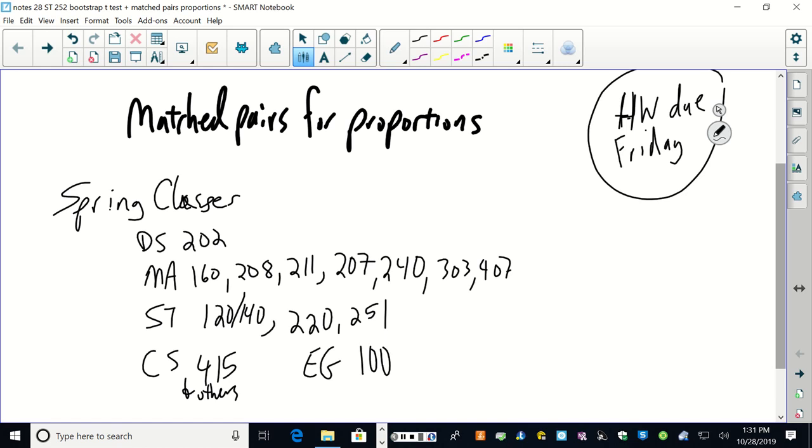DS202 is one of our data science classes. It's more the computer science side of things and does use Python, about managing data and other things with data.